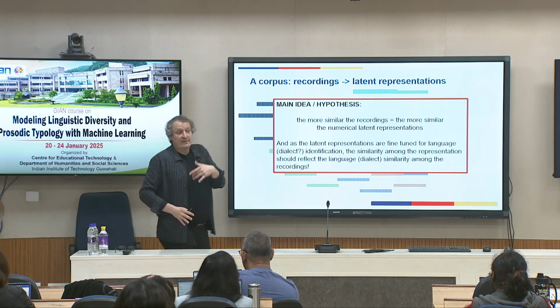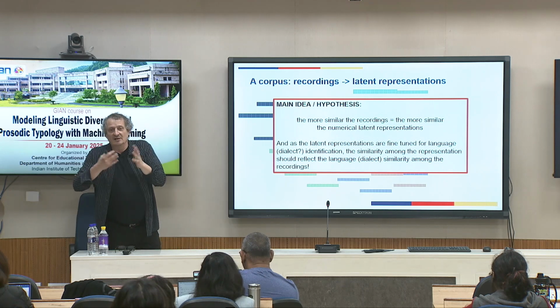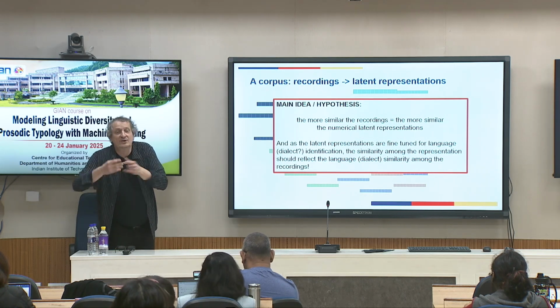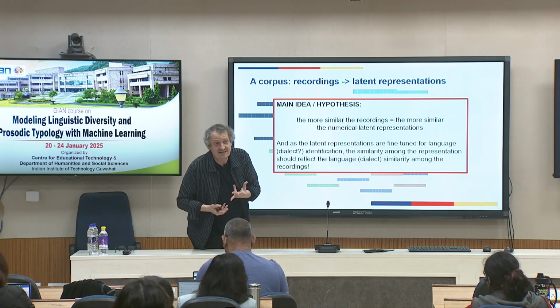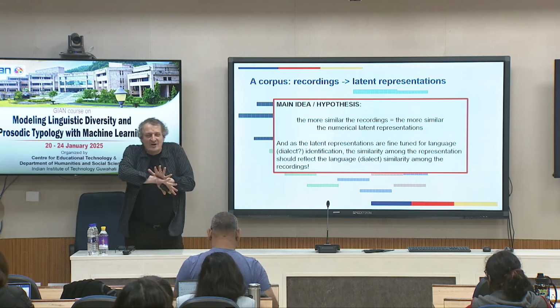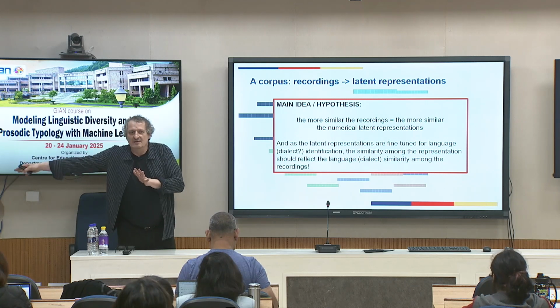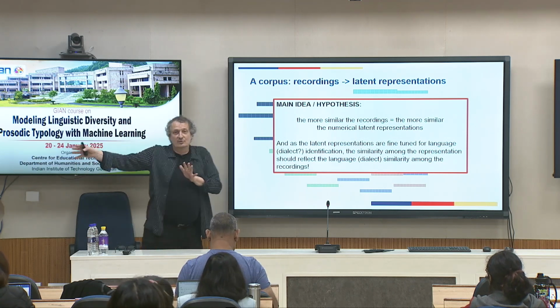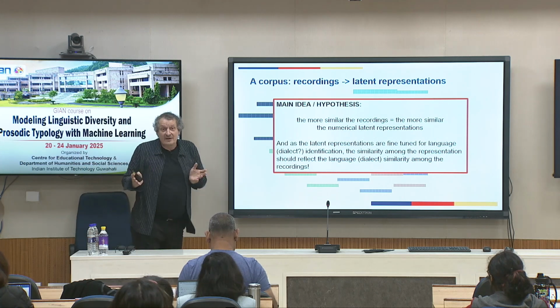Because we trained it for language identification, the speaker information is not so important, so presumably, to a large extent, the machine learning tries to wipe that out. It doesn't really care whether it's a young boy or a middle-aged woman or somebody with any type of speech impairment.